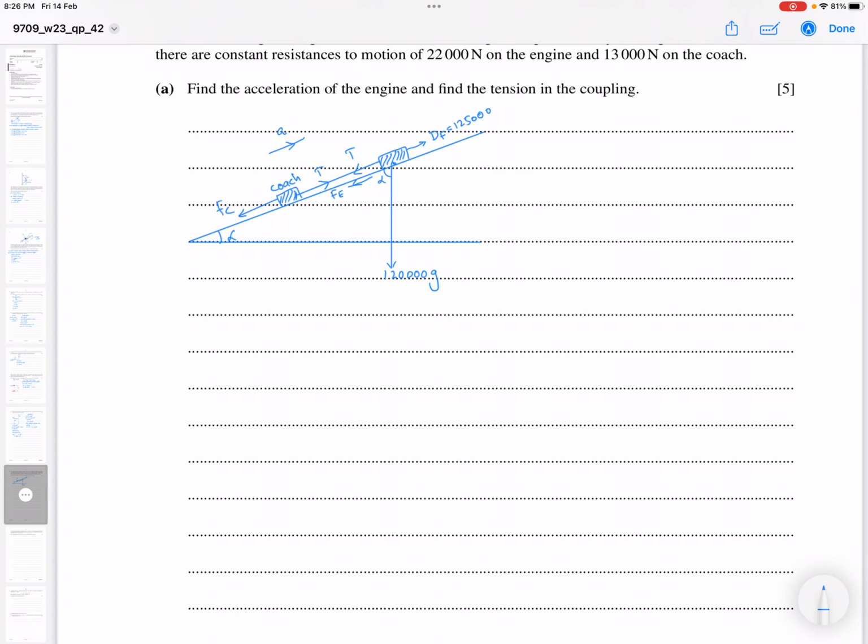Alright, now I'm going to consider the whole system. Whole system means engine plus coach. So to find acceleration, F equals ma.